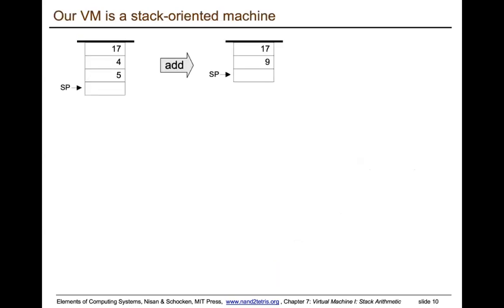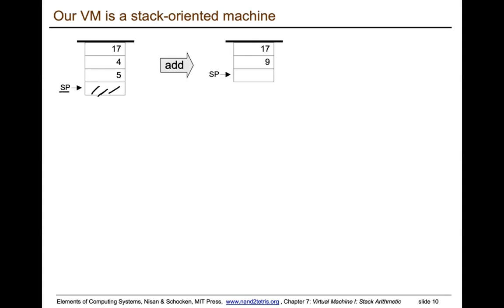Now, a brief overview of the stack. Usually you have the bottom, but this time our bottom is on the top. This is the stack pointer, which points to the next available free space. This is free, nothing there.